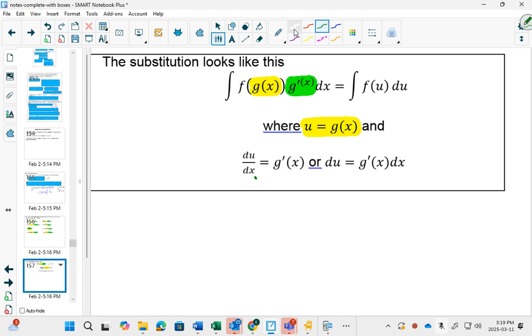But if we pretend it's like a fraction, could you move the dx to the other side? If it was a fraction, you could. It's not a fraction. We're cheating a little bit here, but it works beautifully. So we'll just sort of ignore the cheating a little bit and just accept it. It's not really a fraction, but it works.